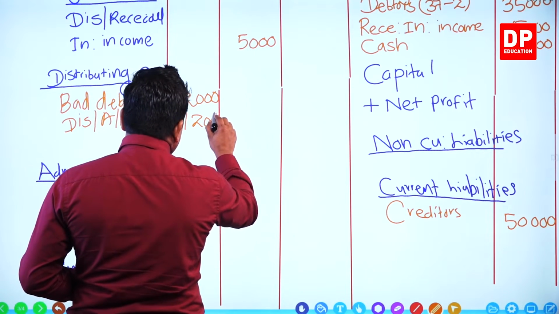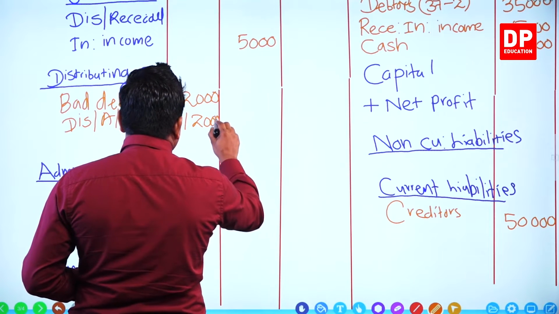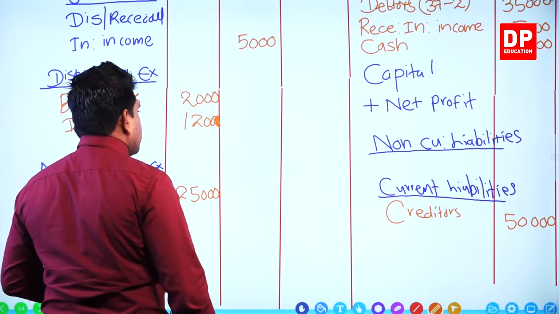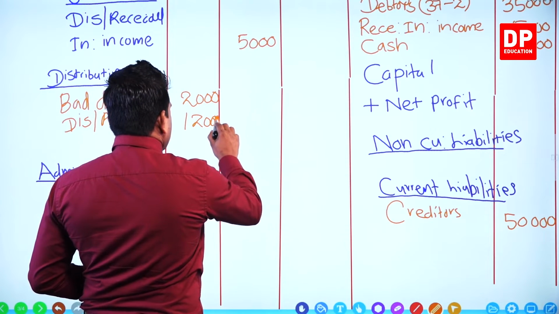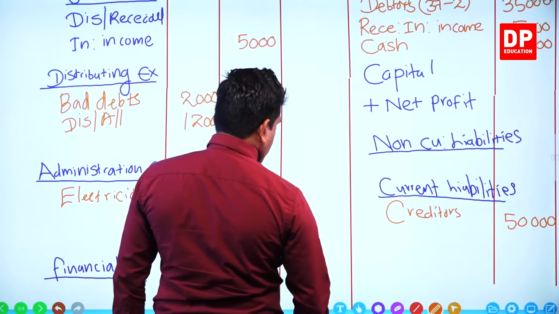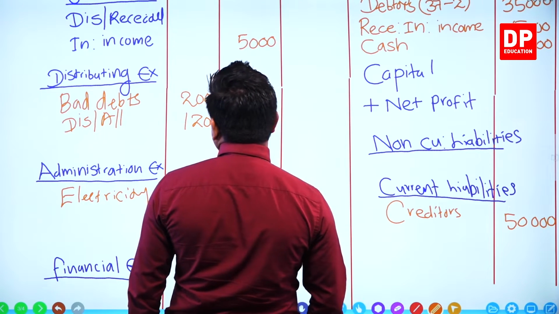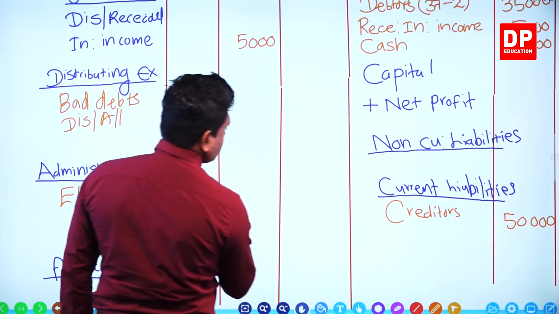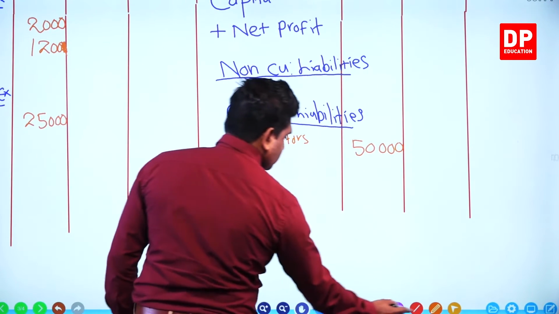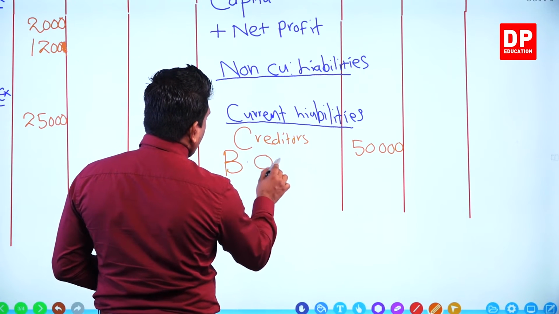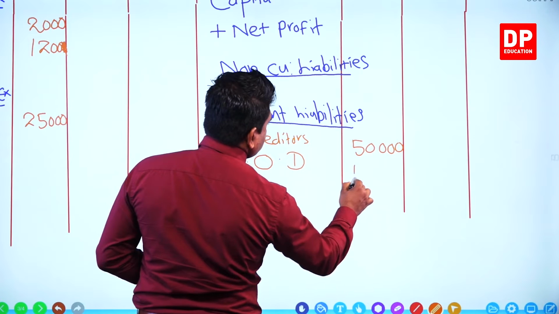This is not the 12,000. This should be how much? Yeah, it should be 1200, right? Here, bank overdraft 12,000, current liability. Bank OD 12,000.